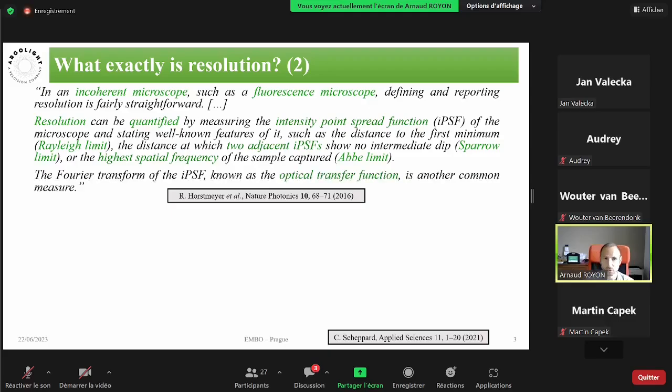And they state also that the Fourier transform of the PSF, known as the optical transfer function, is another common numerical measure. So here we can see from this article that there are actually many ways to define resolution.